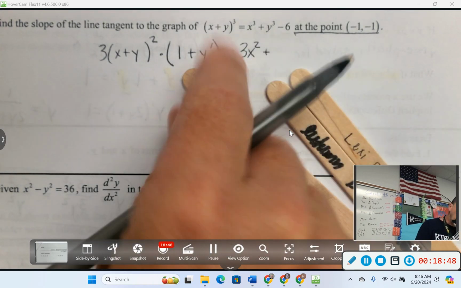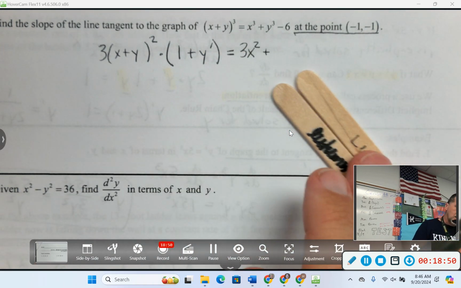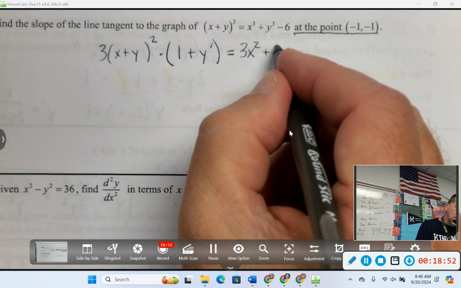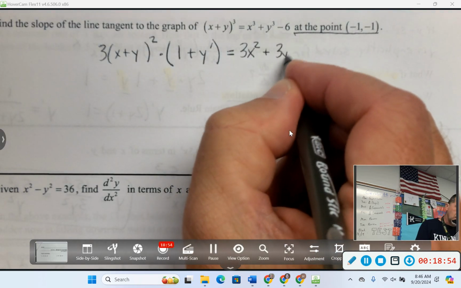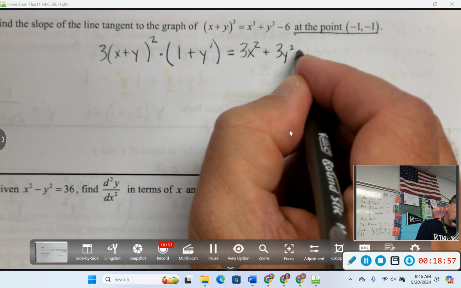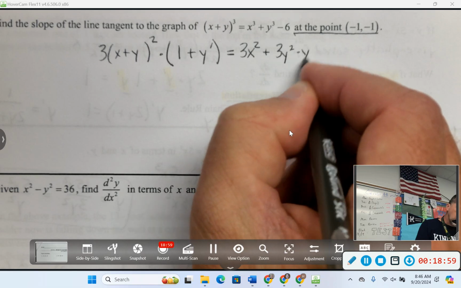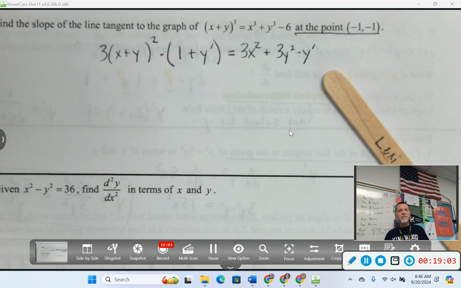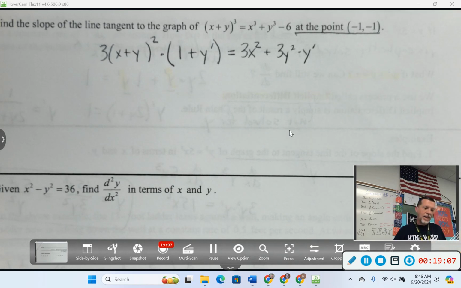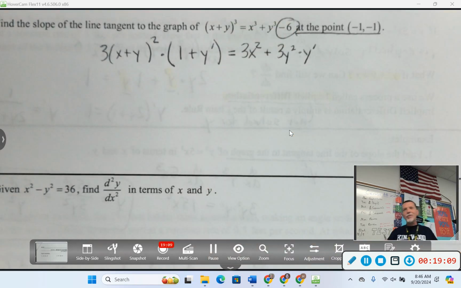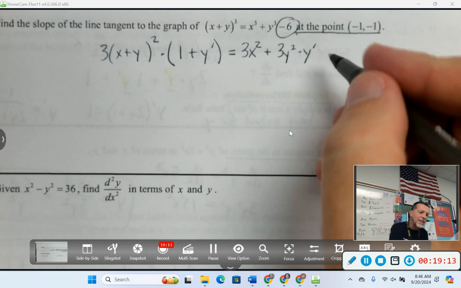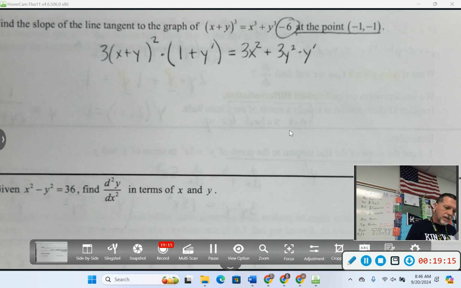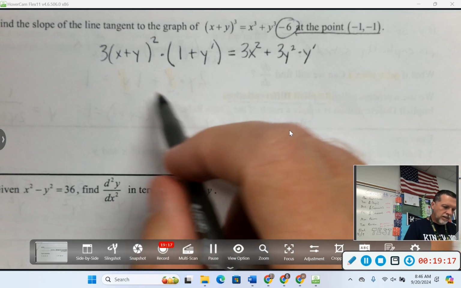Autumn, the derivative of y cubed? 3y squared times y prime. And Lexi, the derivative of -6? 0. Again, that's supposed to be the easiest one, but so many times people forget to take the derivative of that constant and they leave that -6 out there.